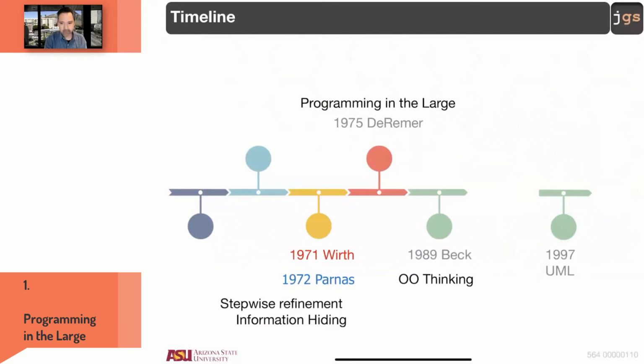Timeline. We were here. Question for you in the exam. Key idea of the first paper, Wirth. Key idea of the second paper, Parnas. Partners, do you remember the key idea in 2 words? Partners, key idea.